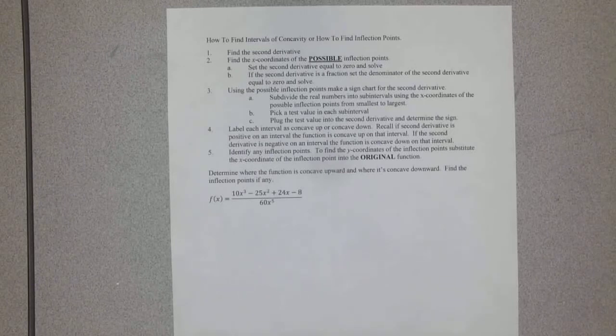Then 3, make a sign chart in the exact same way we made the sign charts before, but using the second derivative. 4, label each interval as concave up if the second derivative is positive, concave down if the second derivative is negative.